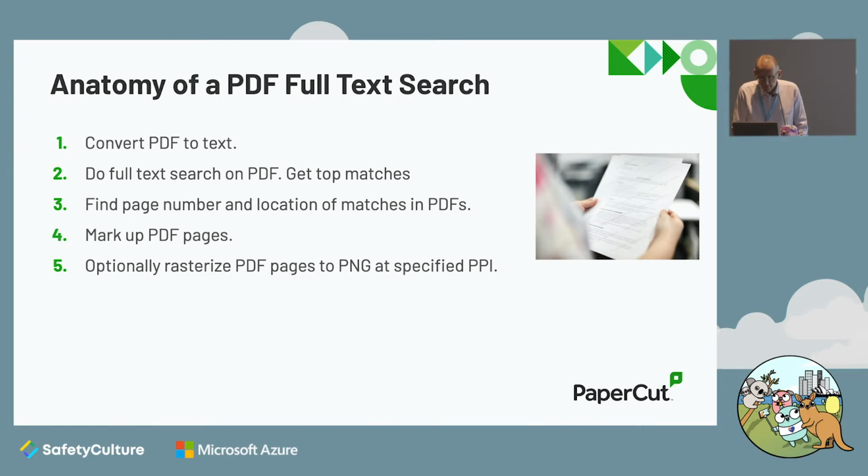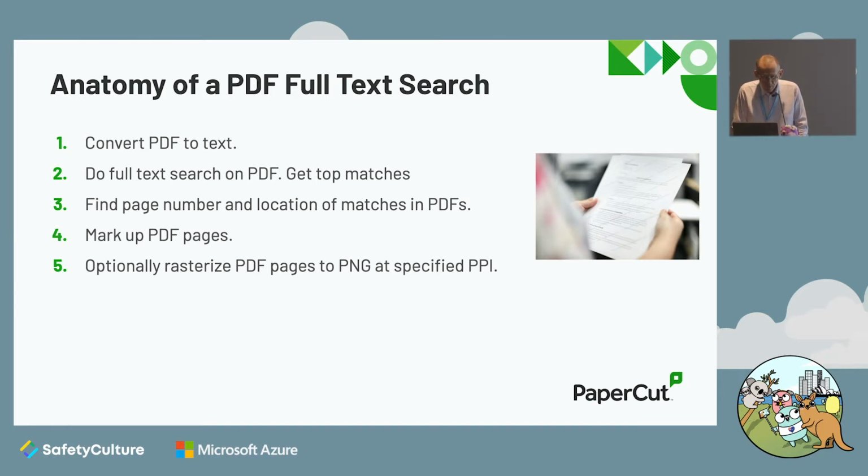A full text search engine is like a Google search where you type in a term, not necessarily exact text, and you get back the closest matches. The next step is to find the PDF documents that match, the page numbers and the locations of the matched text on the PDF pages.